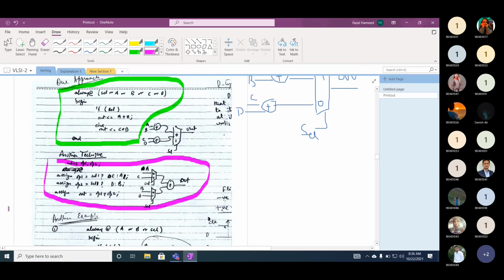Now we have the first statement, assign op1. Output is op1. If sel1 is true, which signal will go on the output? C.